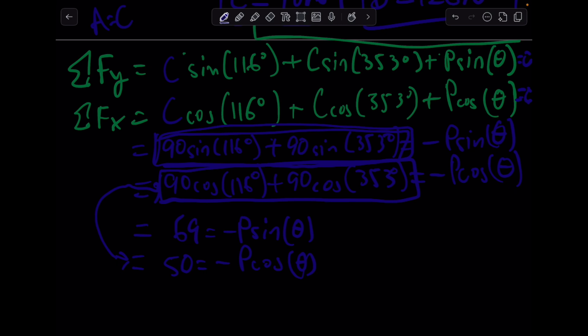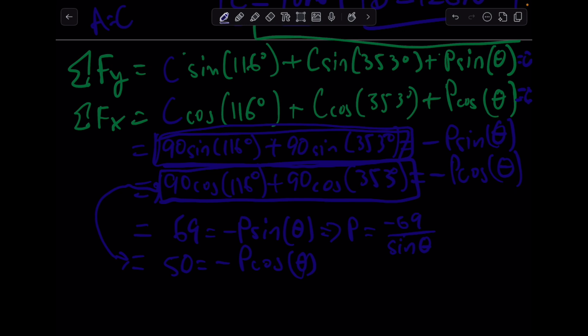So for this one, let's set P equal to minus 69 over sine theta, right? Now we can use this to plug into here.